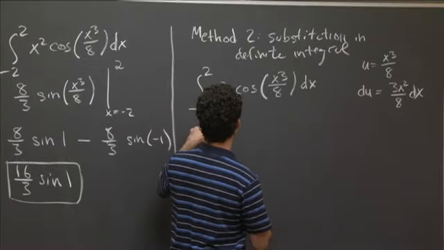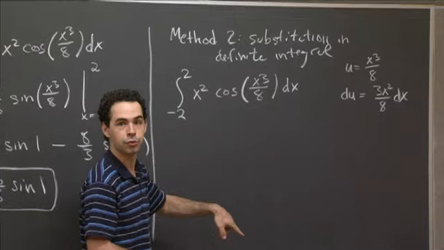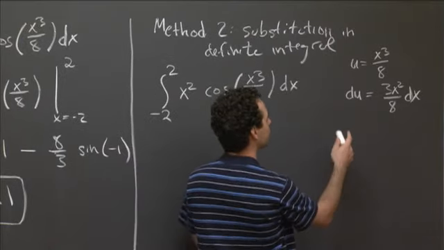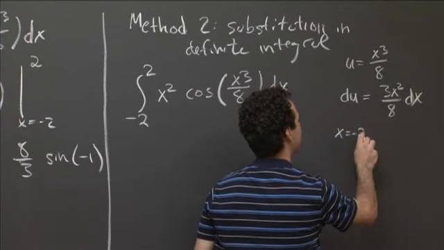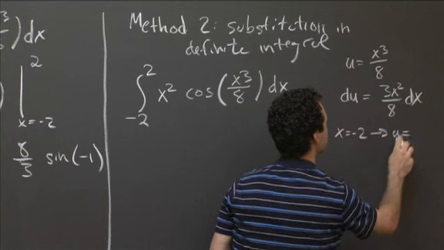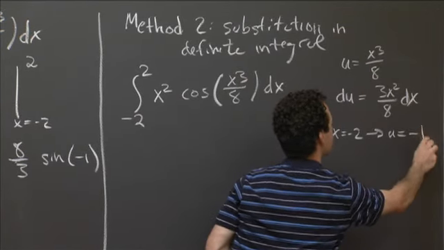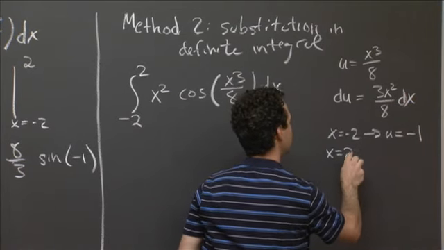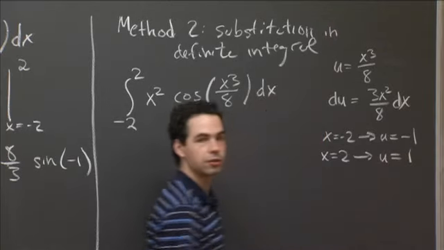So when x is equal to minus 2, I need to know what the corresponding value of u is. So in this case, when x is equal to minus 2, the lower bound on u becomes u equals, well, minus 2 cubed over 8, that's minus 1. And when x is equal to 2, the upper bound, u becomes 2 cubed over 8, so u becomes 1.